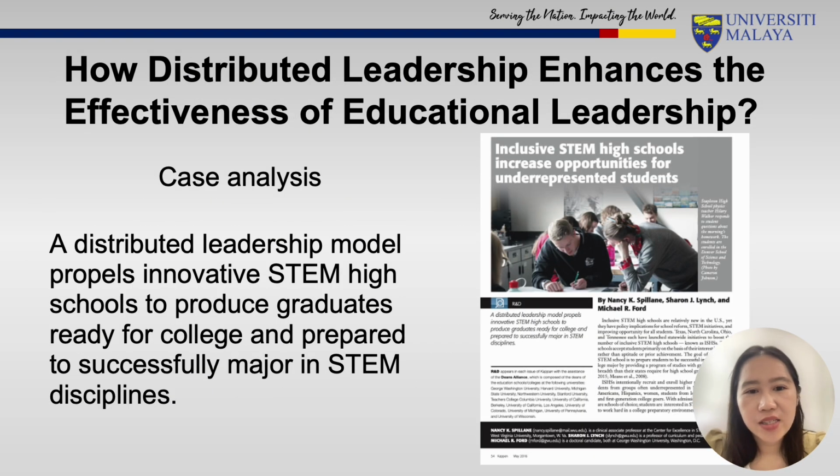So the case this article studies is 8 inclusive STEAM high schools in the US, showing that distributed leadership, by using flexible management structures and shared goals, breaks traditional top-down hierarchy by letting administrators, teachers, and the community share leadership, creating a supportive, collaborative culture.